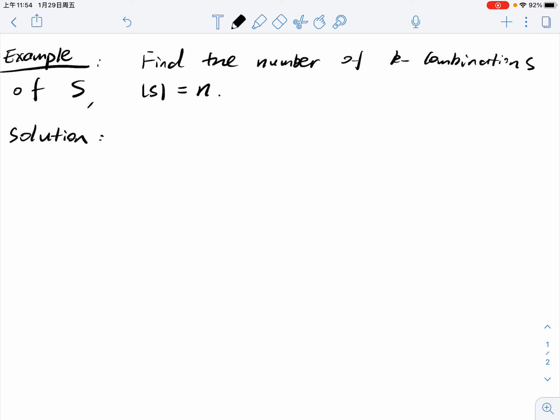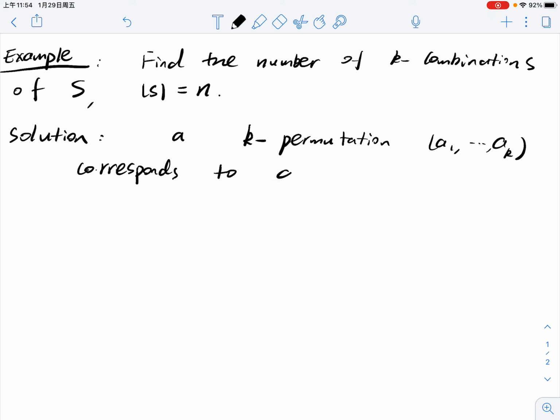So the solution goes like this. For a k permutation, from last week we know how to compute the k permutation. Each k permutation corresponds to a k combination.